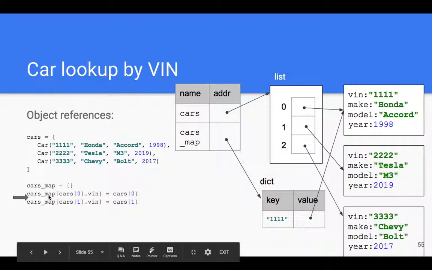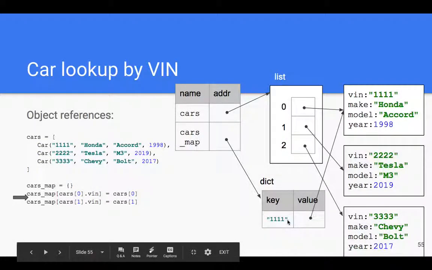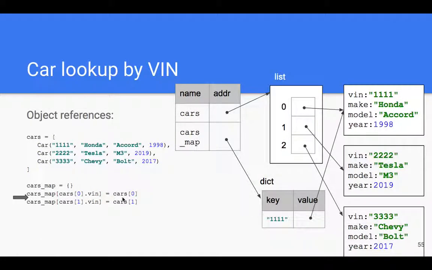Then once we execute this line, the key is car 0's VIN, 1111, and we assign cars 0. And remember what cars 0 is.